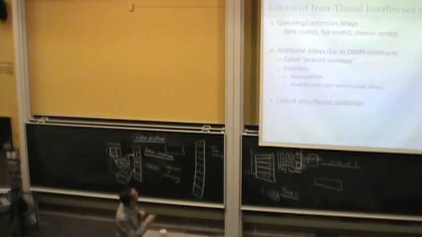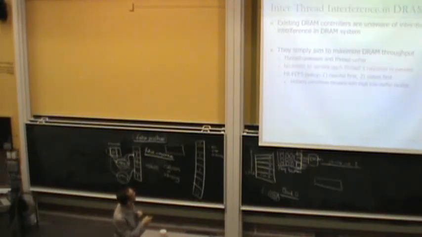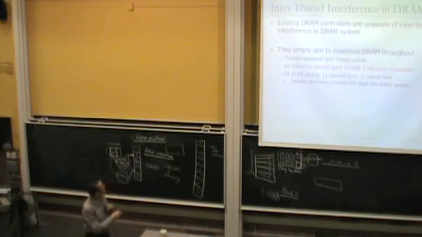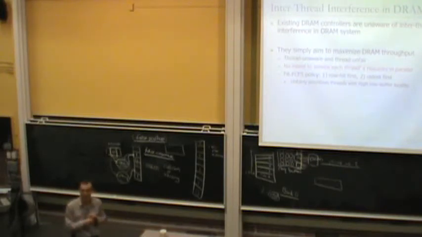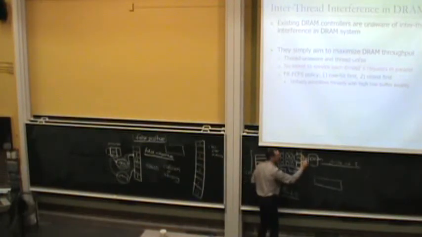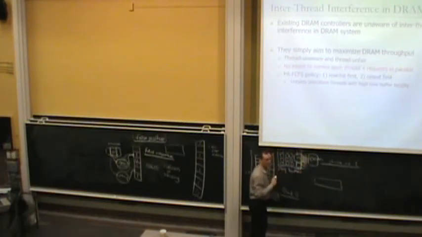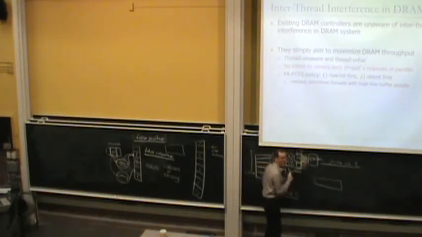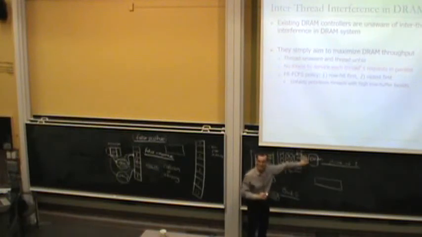I think this is the same thing that I showed you. The problem happens because the controllers are unaware of this inter-thread interference, and they simply aim to maximize DRAM throughput. This is an important thing you should take away. The controller tries to maximize how much data is transferred per time unit from DRAM. But this is not the right thing to do in this case.